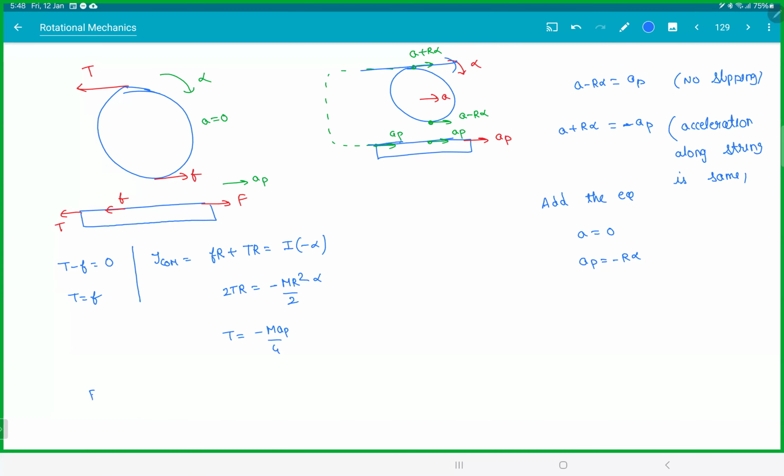And then for the plank equation, F minus T minus friction is equal to M AP. That is F minus 2T. Substitute T here. So M AP plus 2T will be minus M AP by 2.